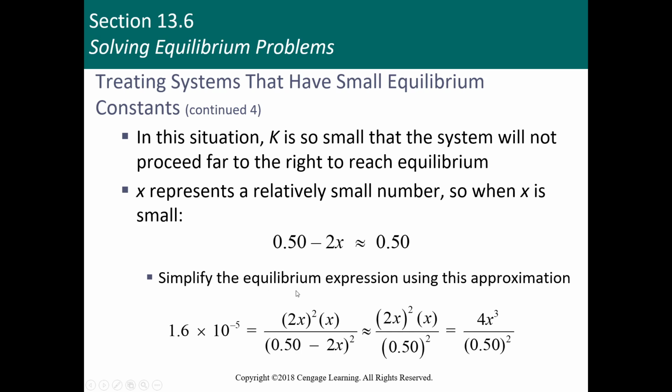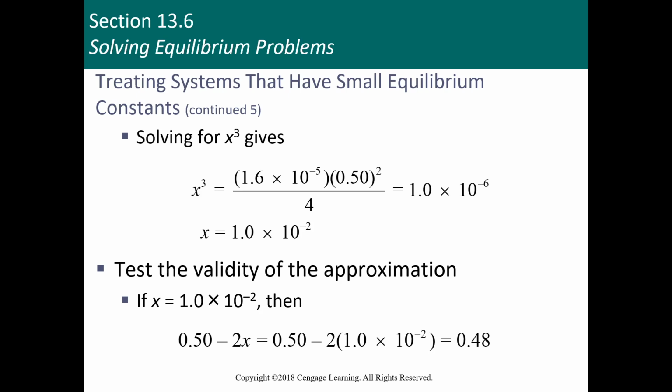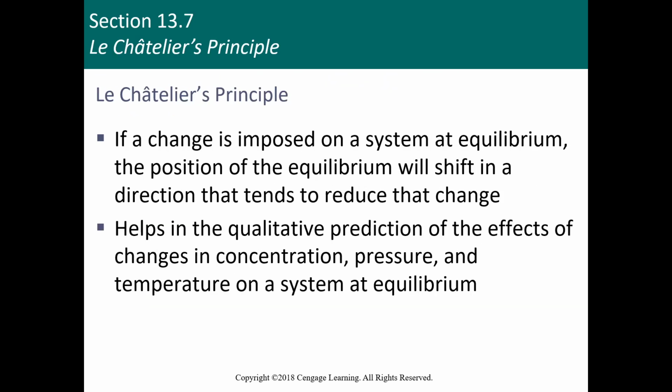And so x actually is going to start overshadowing this value right here. And so this is going to go to essentially 0 here, won't it? And we know this is going to go to essentially completion. So we will essentially get all of our reactant converting to product. And that would simplify the problem because you can just convert all of it to product if we have a very, very large equilibrium constant.